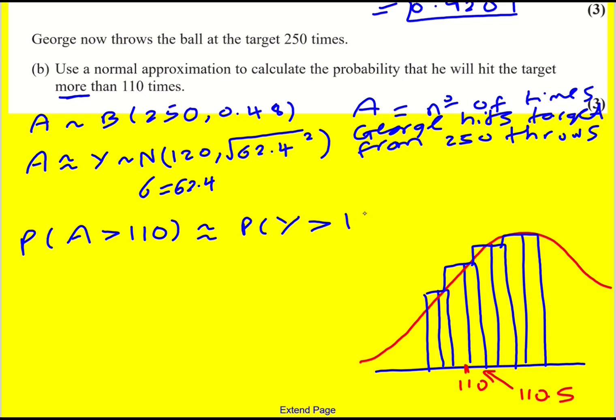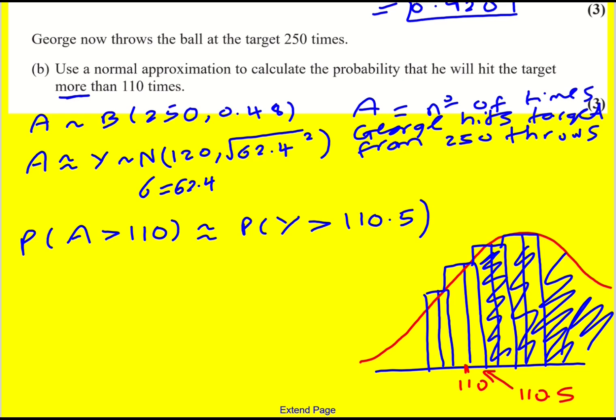I haven't gone into a lot of detail on continuity corrections here, but I'm hoping you're somewhat familiar and I'm just jogging your memory on it. If it was greater or equal to 110, then it'd be 109.5 because we want to include this bar. Because it's greater, I just want everything to the right of this bar. That's very important. You have to get that in to be as accurate as you can.